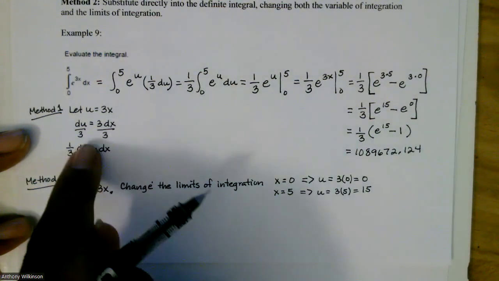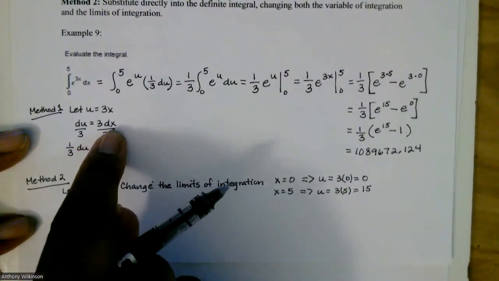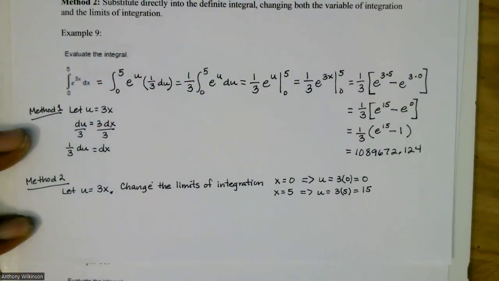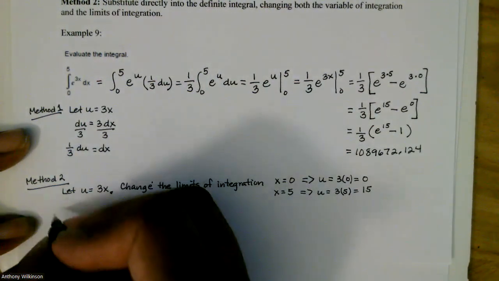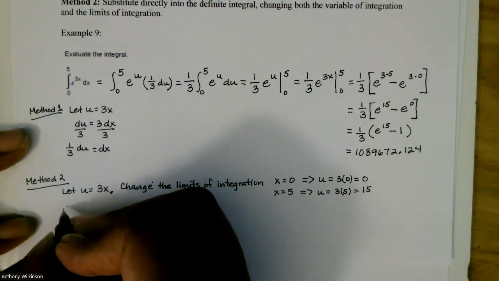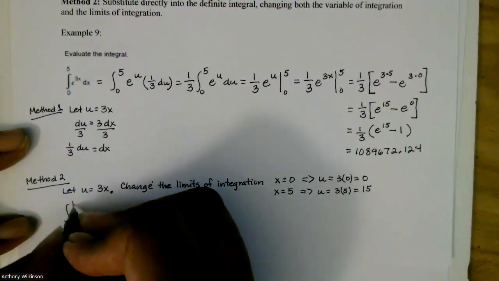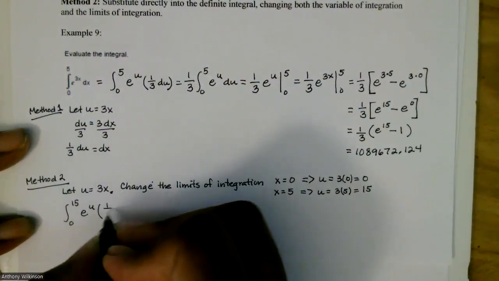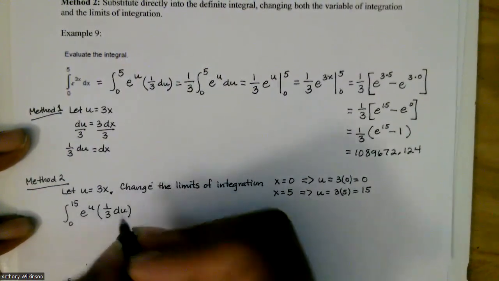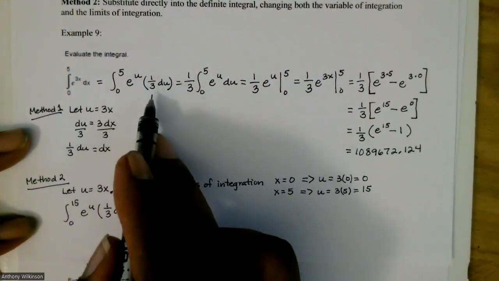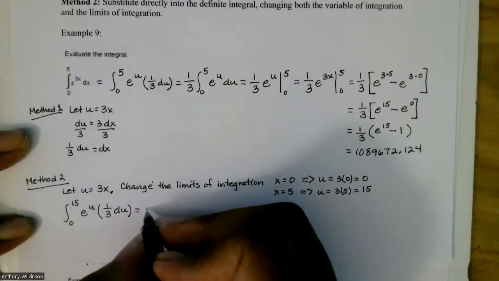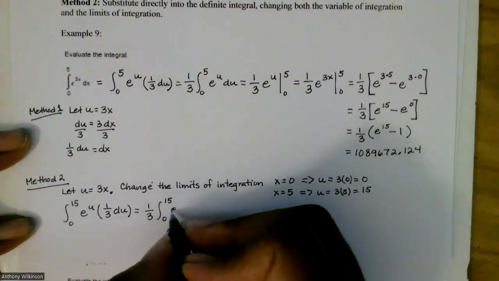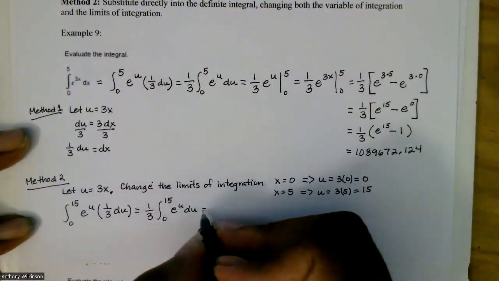And of course, du is still 3dx, so dx will have to be 1/3 du. So now, instead of going from 0 to 5, we're going from 0 to 15, of e to the u times 1/3 du. That's the same thing that I did up here. So here, 1/3 times the integral from 0 to 15 of e to the u du.